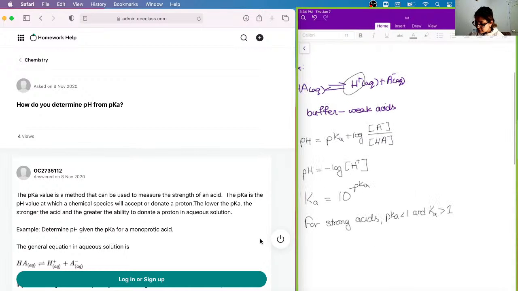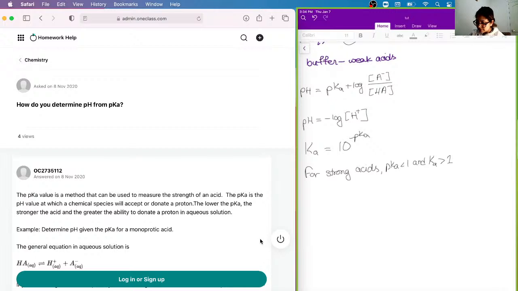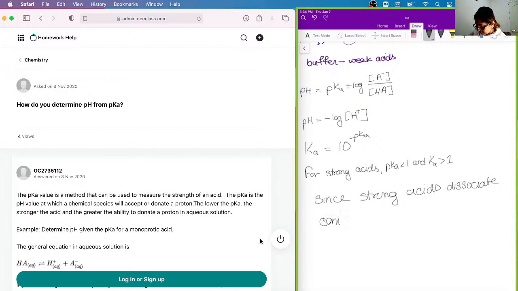And since strong acids dissociate completely in aqueous solution, we can basically say that our hydrogen ion concentration is equal to the concentration of our acid.